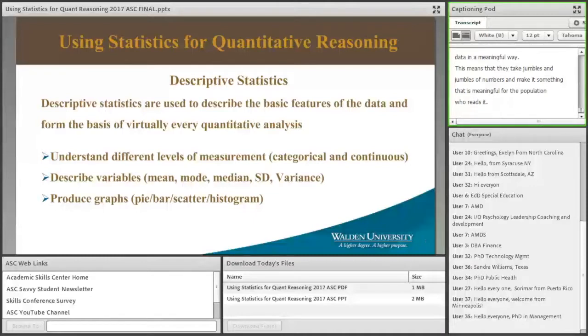For example, descriptive statistics can tell a researcher the average or mean of a data set. Most of us in here, we know what the average numbers are and how to get to that. But it can also inform us about the frequency of data.